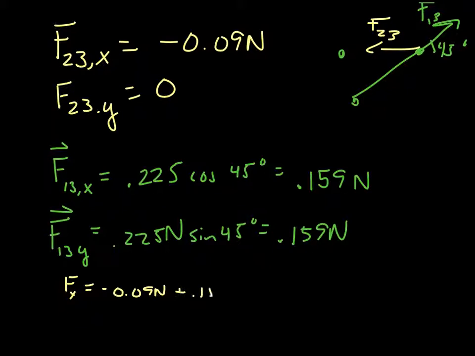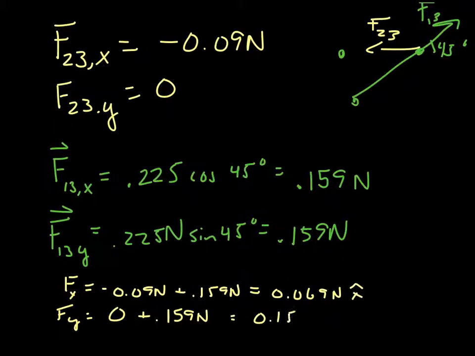Plus 0.159 newtons from the interaction between 1 and 3. Add those together, you get your x component equal to 0.069 newtons. Your y component force. Charge 2 contributes nothing. Charge 1 gives you 0.159 newtons in the y hat.